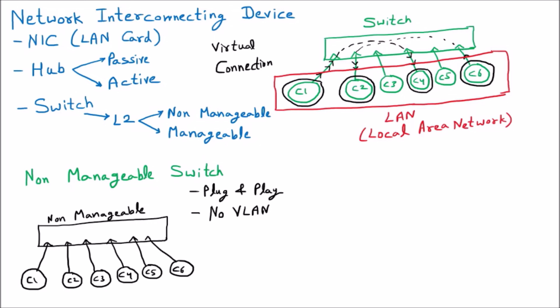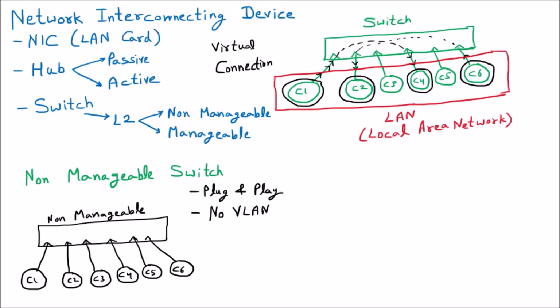We are taking the range up to 10 kilometers; all the devices within 10 kilometers form a LAN. Even at your home, if your TV, mobile and other appliances are connected with Wi-Fi, that is also a LAN. LAN means people can communicate with each other within a shorter area.